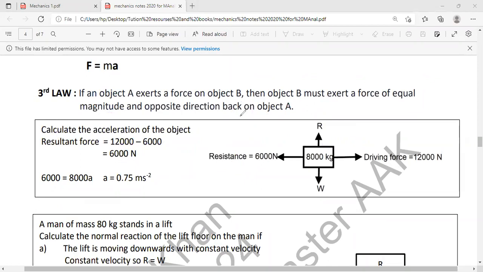And then after that, what will you do? You will apply the formula F is equal to ma. M is 8,000: the object, this car, is 8,000 kg. We don't know A, but we know the force, that is 6,000. So 6,000 is equal to 8,000 times A. We can simplify and find the expression.